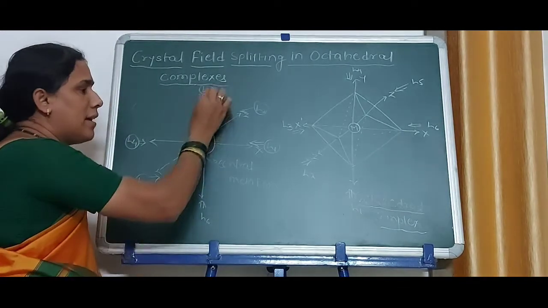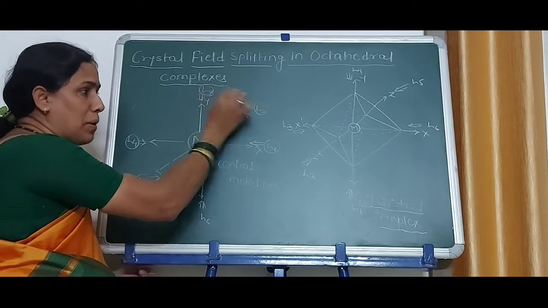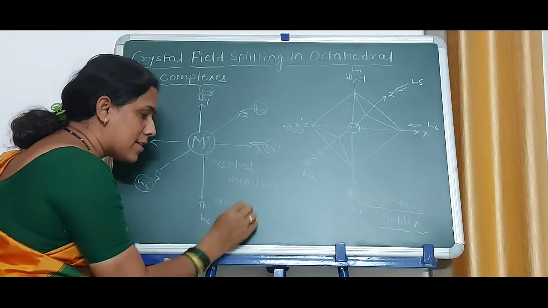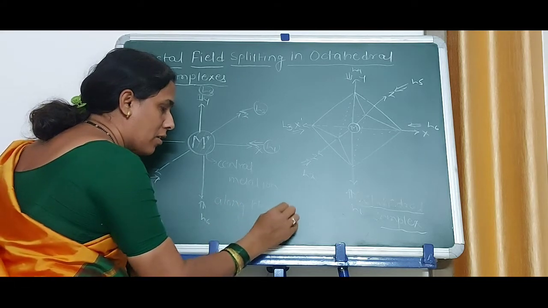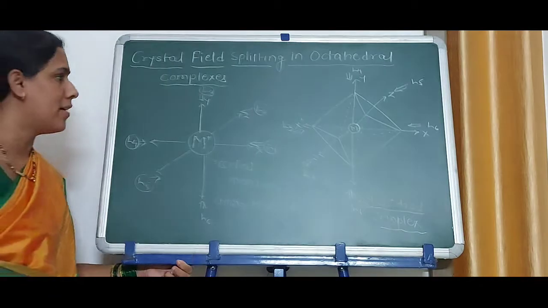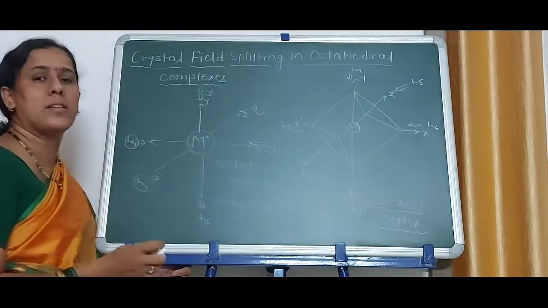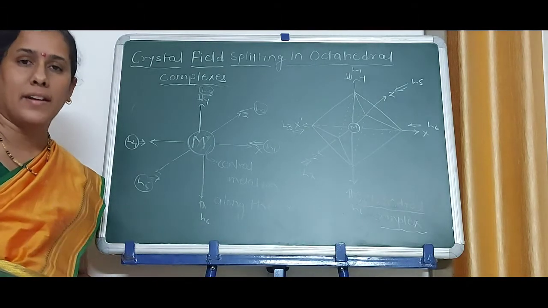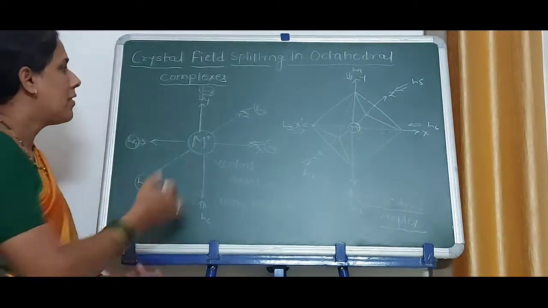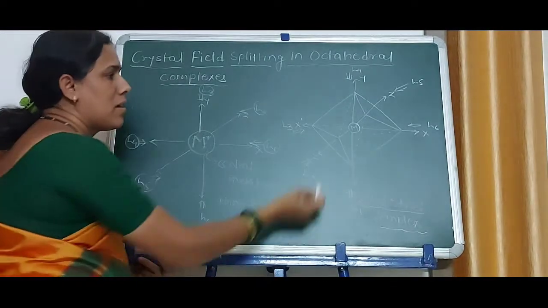The ligands are assumed to approach along the axes, that is x, y and z, so as to get greater, strong interaction with the central metal ion.